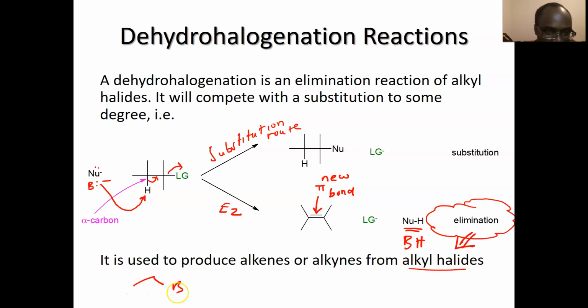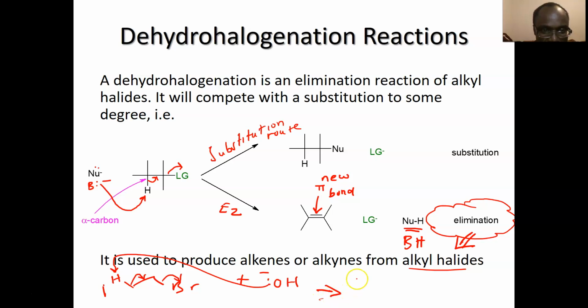For example, if you have ethyl bromide and you add a base, you can still use OH minus. Instead of OH attacking this carbon, OH will be used as a base to take out the hydrogen sitting on the next-door carbon, which we call the beta hydrogen. You take it out and then you make a double bond.